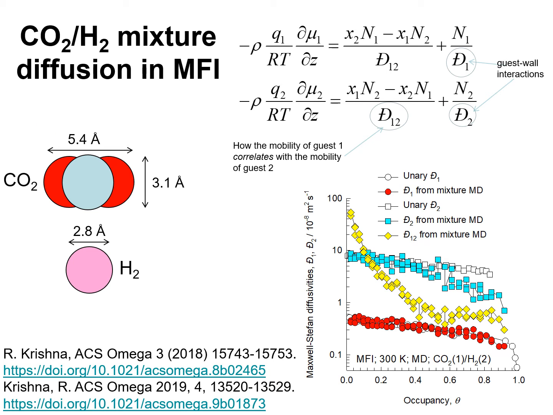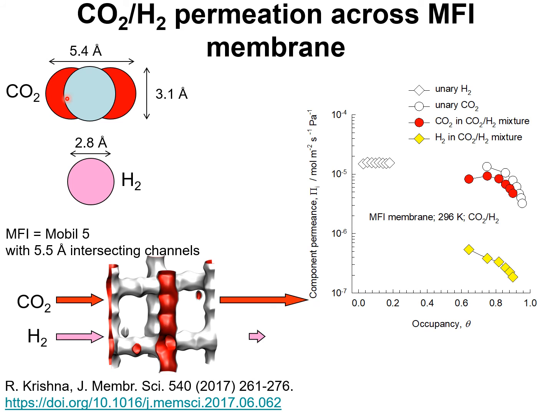Let us examine this. The MD simulation data for the Maxwell-Stefan diffusivities D1, D2, and D12 for CO2 hydrogen, shown on the previous slide, helps us to understand, rationalize, and quantify experimental data on CO2 hydrogen permeation across an MFI membrane.